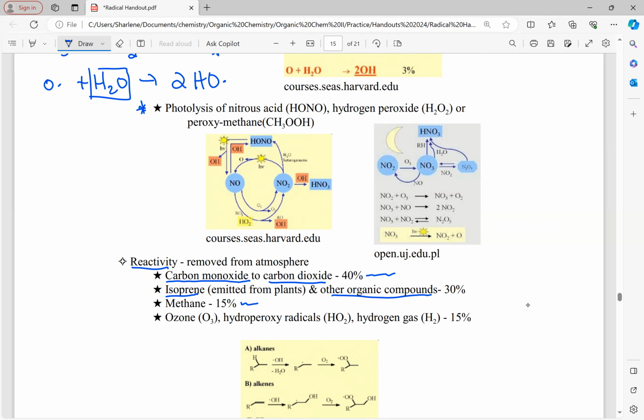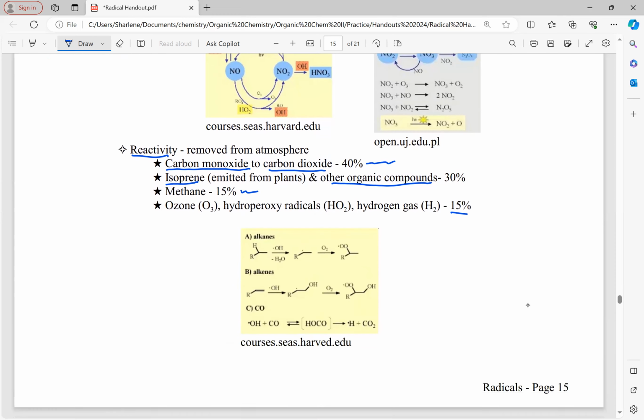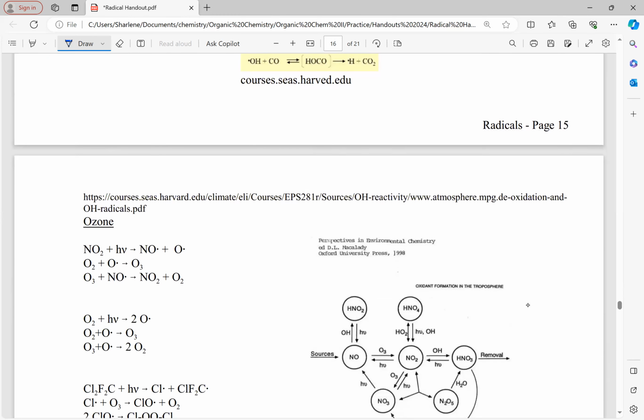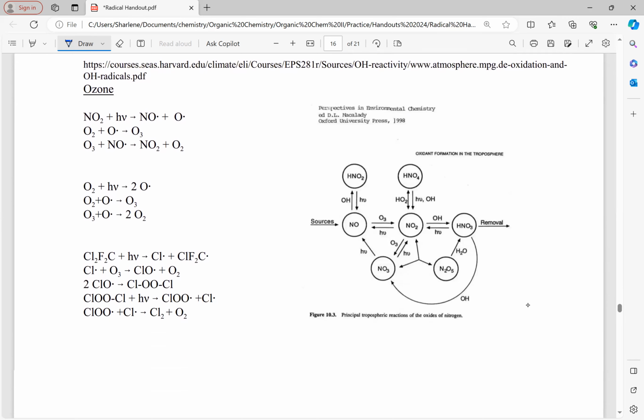And methane, wait a second, you just said methane doesn't react. It doesn't react completely or very quickly, but methane is about 15%. And then ozone, other hydroperoxy radicals, and hydrogen gas take care of the other 15%. All right, so that's the hydroxy radical.